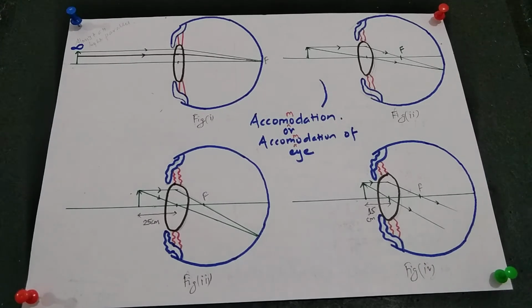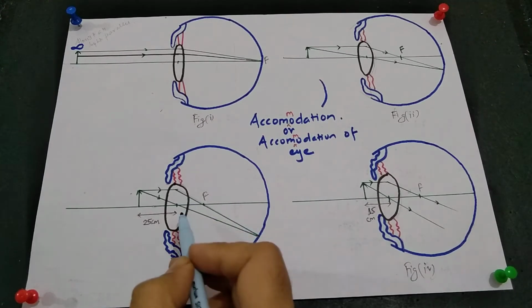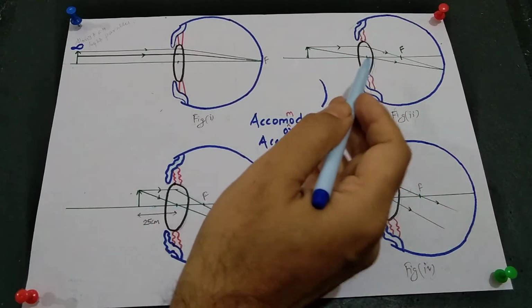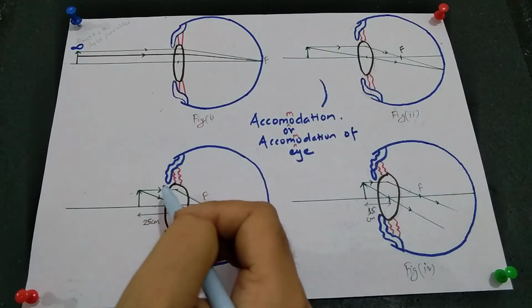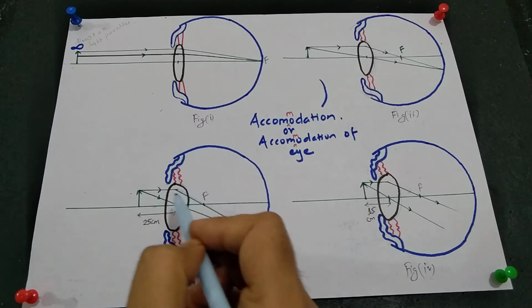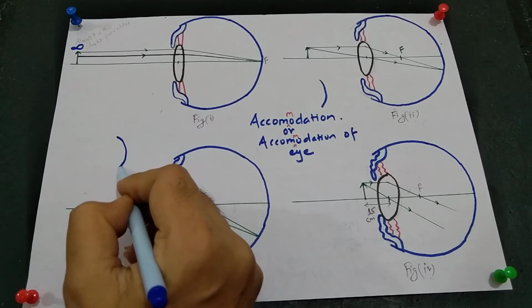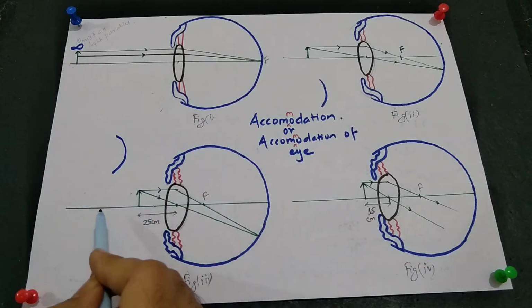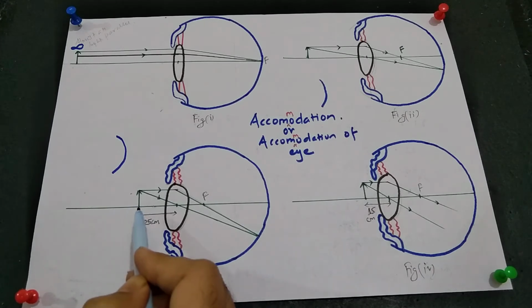Now let us move to figure number 3. Similarly, as the object approaches nearer, the curvature of the eye lens increases. Here in figure 3, see the curvature. Let us compare this figure and this figure. The curvature of the eye lens in this case has increased a bit as the object approaches nearer.